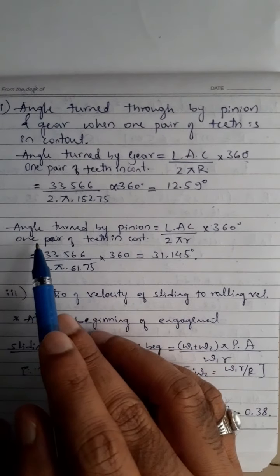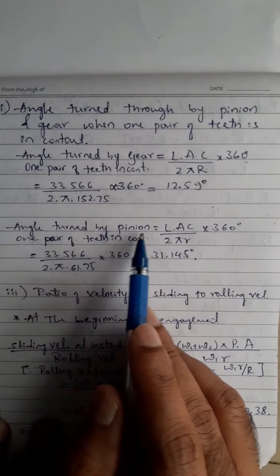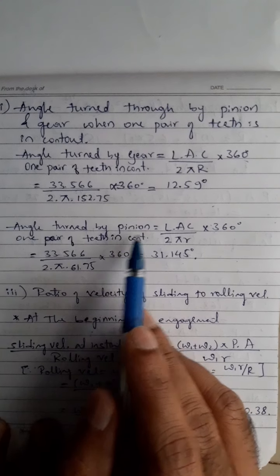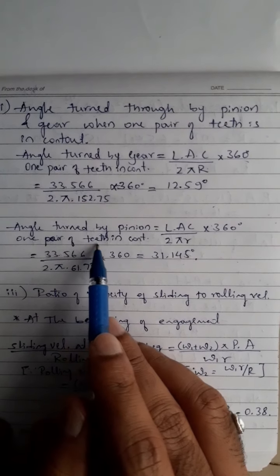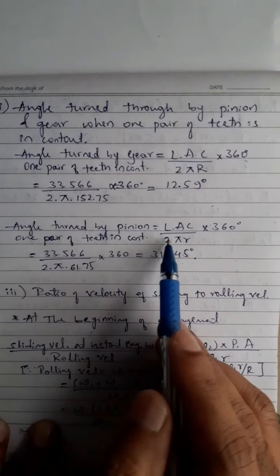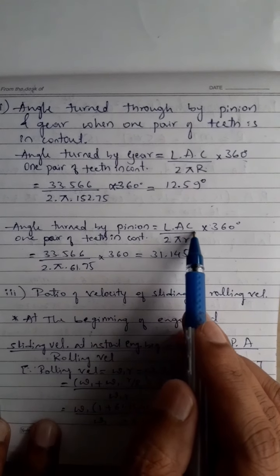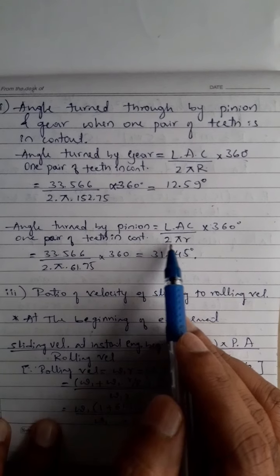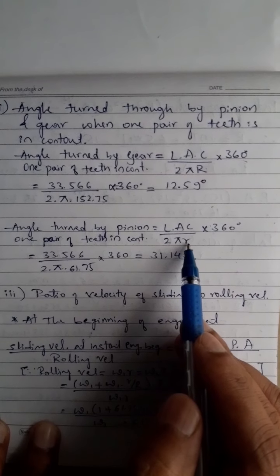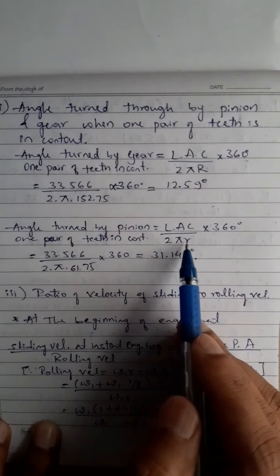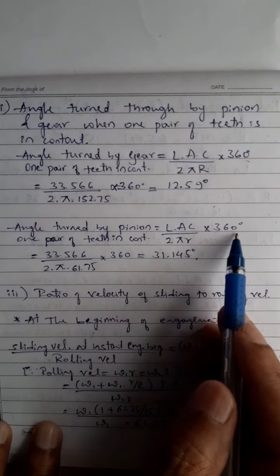Next we have the angle turned by the pinion when one pair of teeth is in contact, which is equal to the length of arc of contact divided by 2 pi into the pitch circle radius of the pinion, small r, into 360 degree.